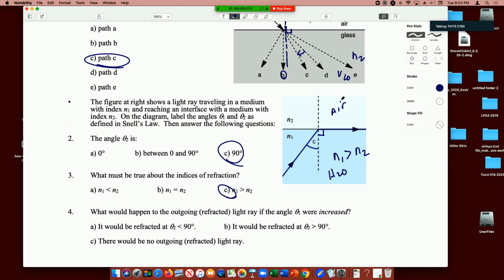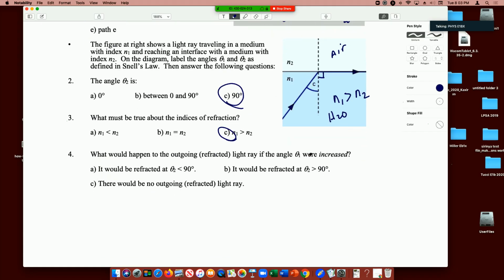Remember we said that, for the mathematical reason that I explained, in order for you to have total internal reflection, where there's no refraction out here and all of the ray is getting reflected along the surface of the medium, you have to be going from a high index to a low index. Otherwise, you can't have total internal reflection.